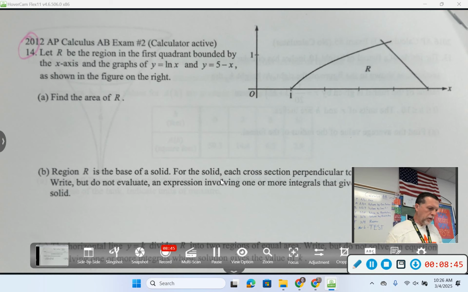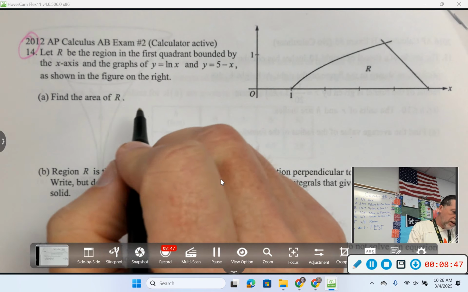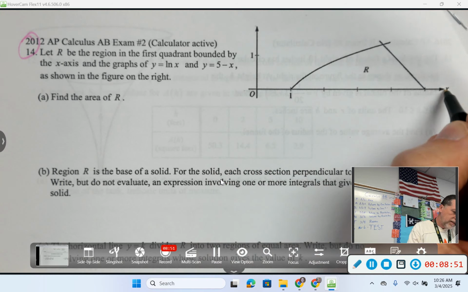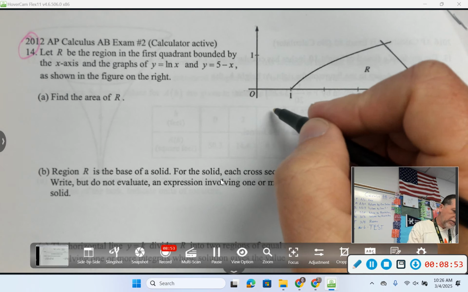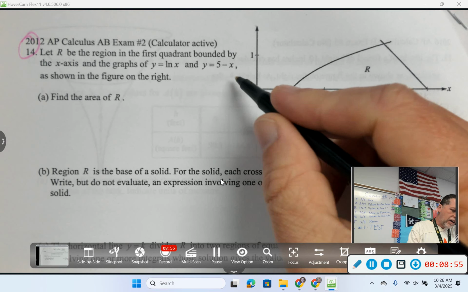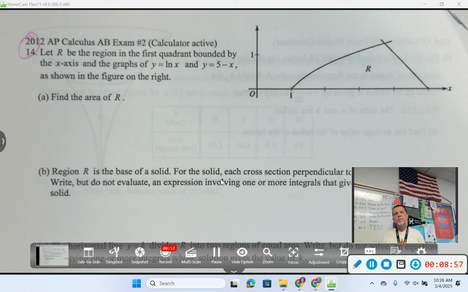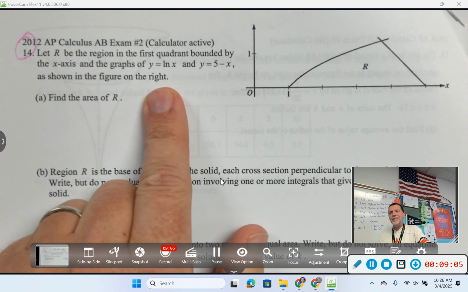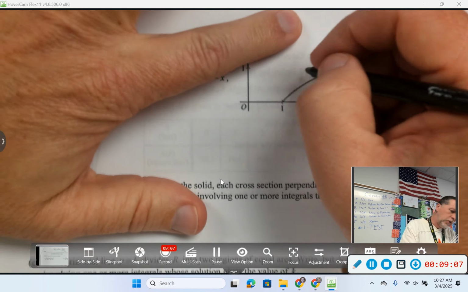Let R be the region in the first quadrant, bounded by the x-axis, the graph of y equals natural log of x, and y equals 5 minus x. Now give me a graph, that's kind of nice. I need to figure out which one's which, but one of them's a line and one of them's not a line, so that's not hard figuring out who's who.